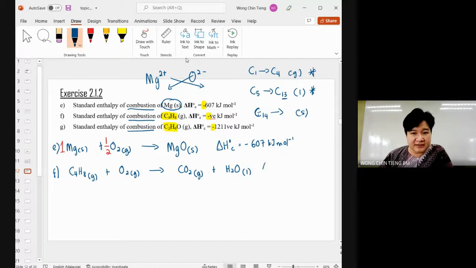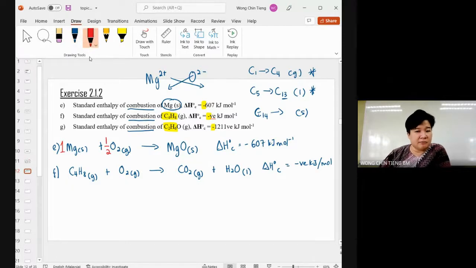H2O kat sini mesti adalah liquid sebab standard condition. Dalam keadaan sekeliling kita, 25 degree Celsius, 1 atm, air kamu dalam keadaan apa? Liquid atau vapor? Kalau vapor hebat kamu minum air dengan nafas macam ikan pula dah. So dia adalah liquid.